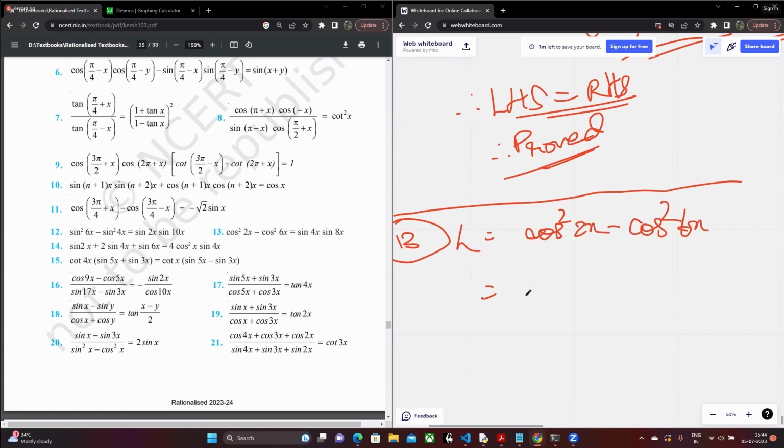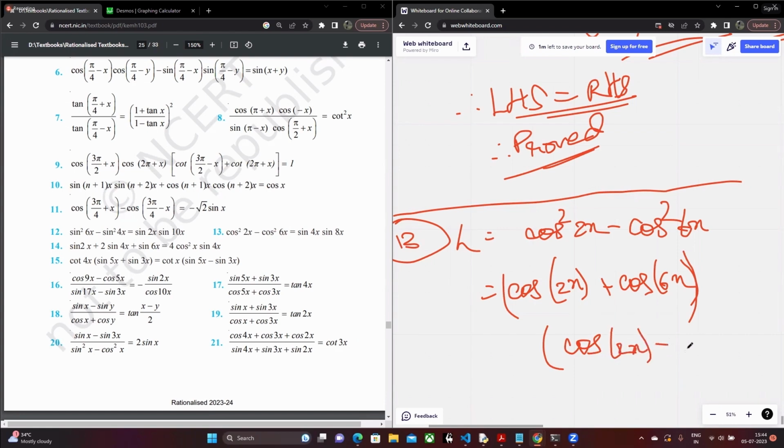Which is basically cos of 2x plus cos 6x into cos 2x minus cos of 6x.